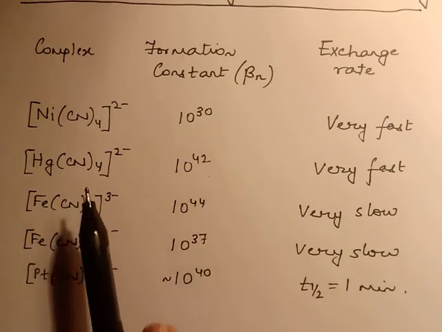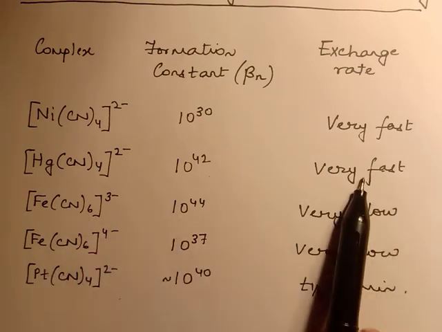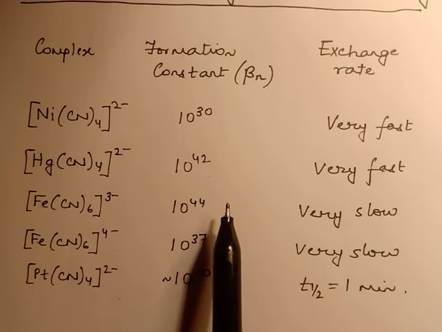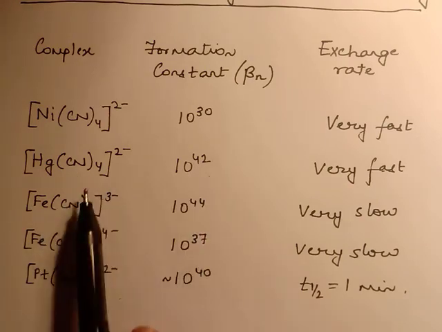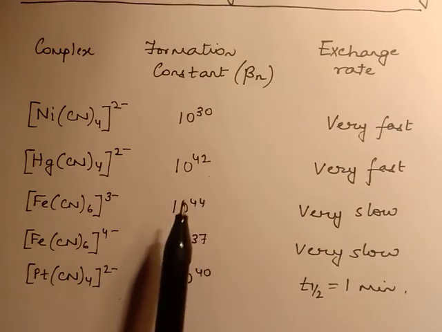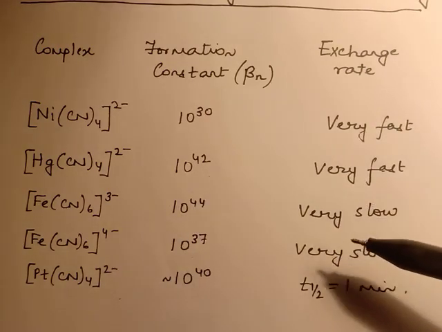It is exchanging many times because it is kinetically labile, and the entering ligand is always CN- because the formation constant of this compound is so high. So this is the actual experimental implication of it.